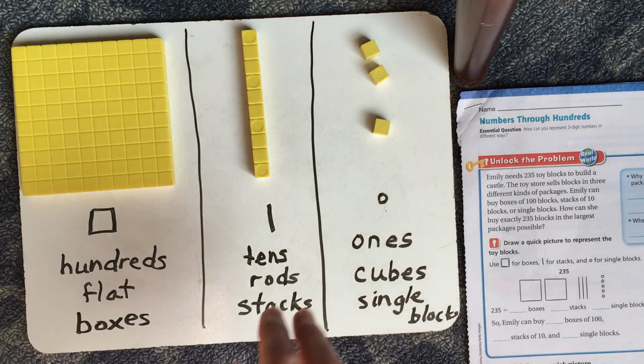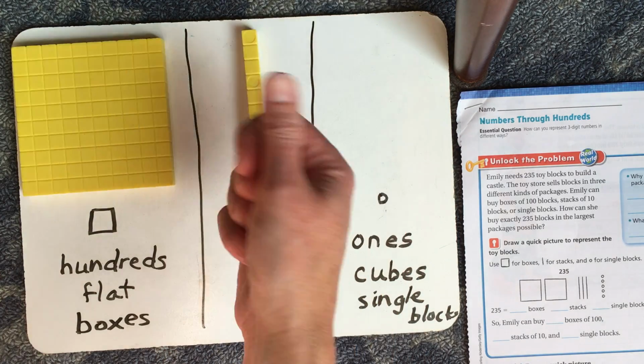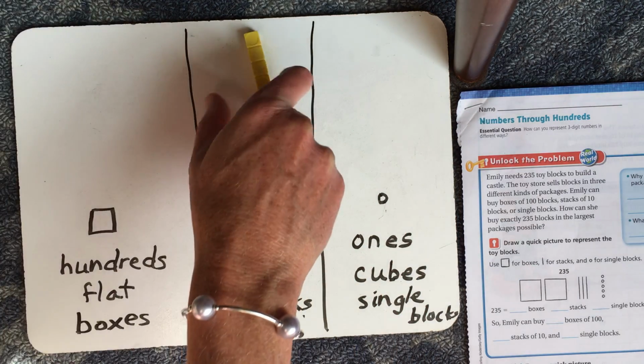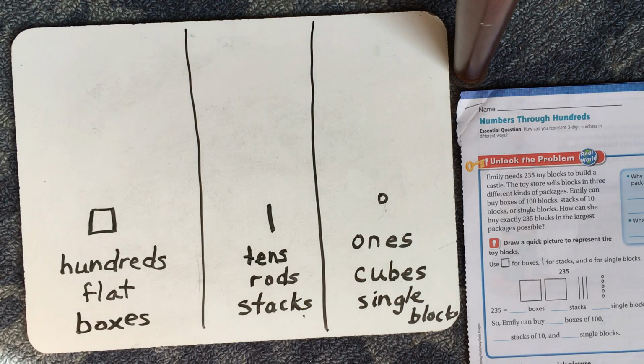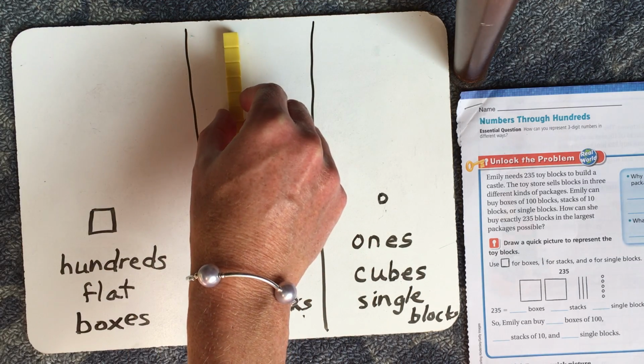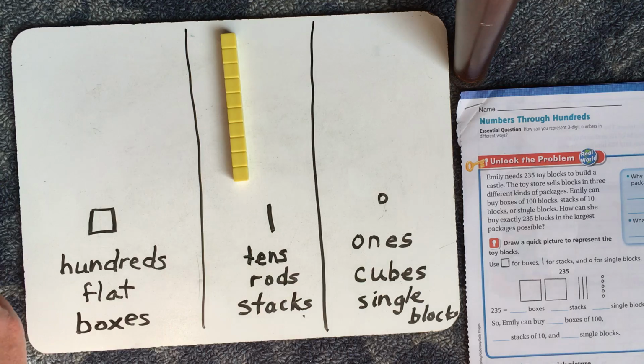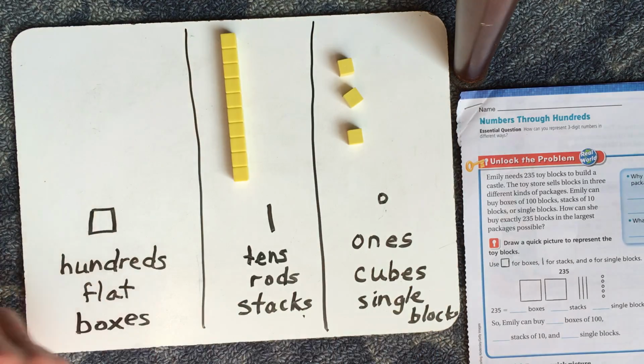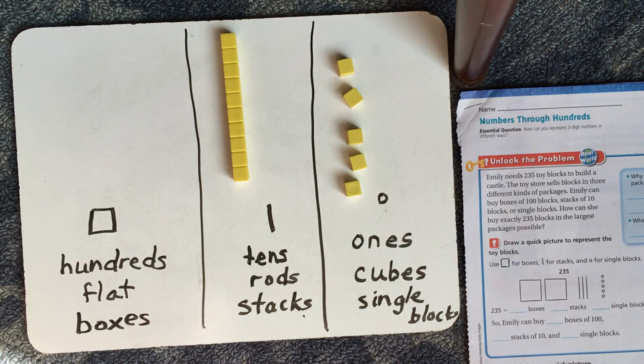Just like you practiced making them yesterday, let's make the number 15. You can make the number 15 with 1 ten and 5 ones, right? 1 ten and 5 ones, 15. Is there another way I can make the number 15? Well, sure.